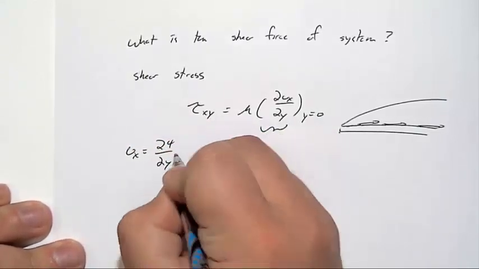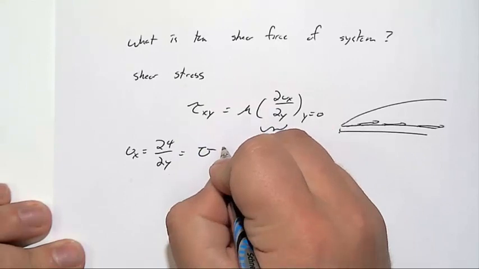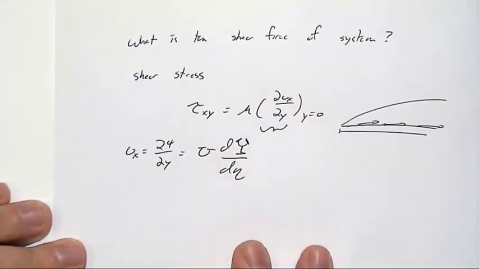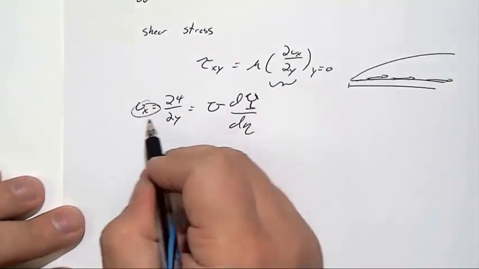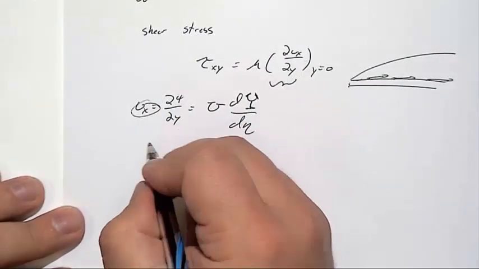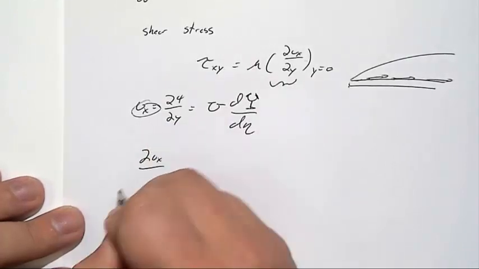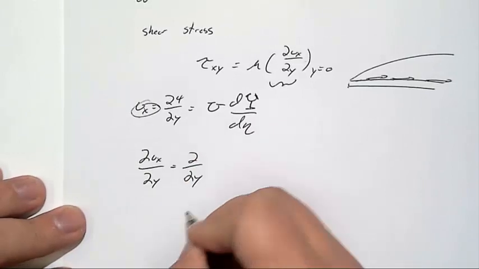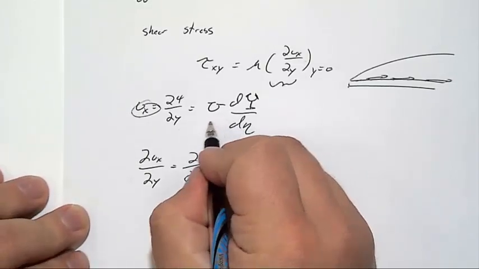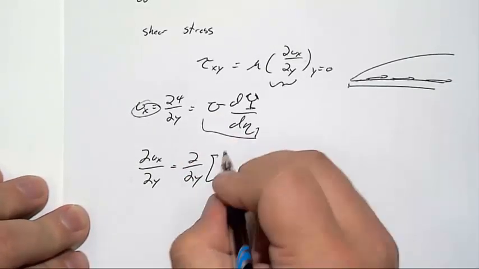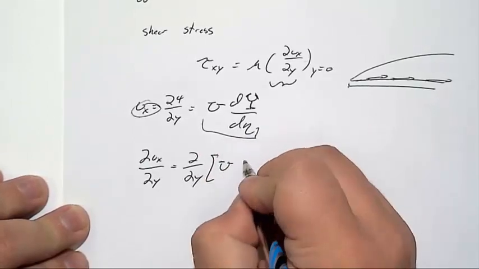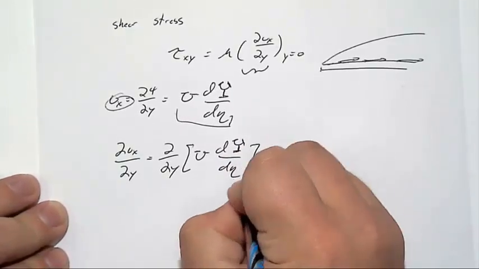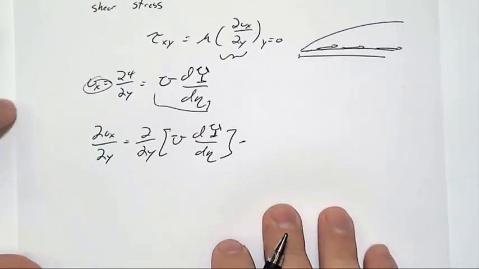So remembering that u of x is equal to the partial of our stream function with respect to y, which is equal to velocity times the derivative of the modified stream function with respect to nu. And so I could go ahead and take this relationship and plug it in here. So if I look at the partial of u of x with respect to y, this is going to be equal to the partial with respect to y of U times the derivative of a modified stream function with respect to nu.